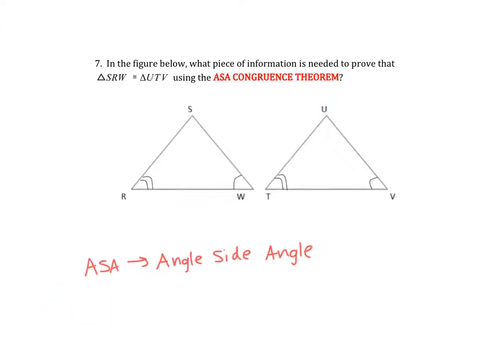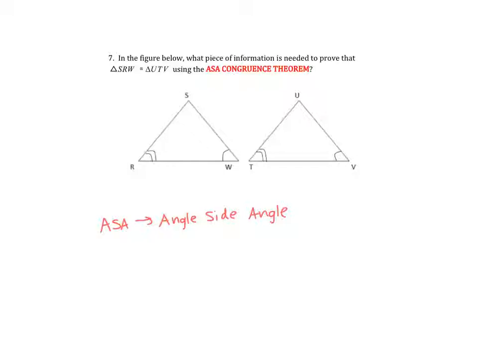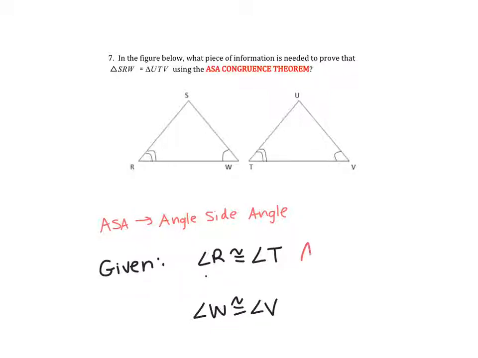So let's look at what we are given or what we know just by looking. So we know that angle R is congruent to angle T because they both have the double arc. We know that angle W is congruent to angle V. So what we know is angle and angle.